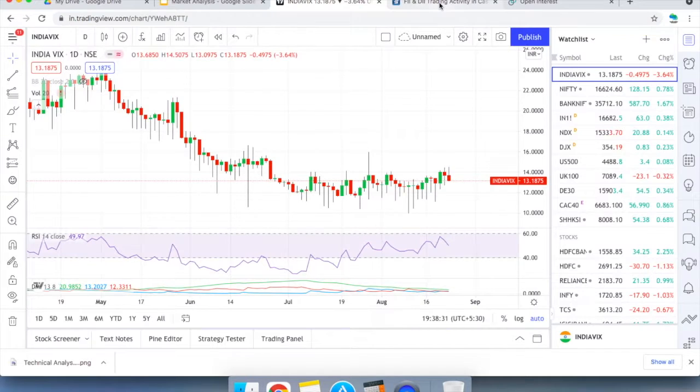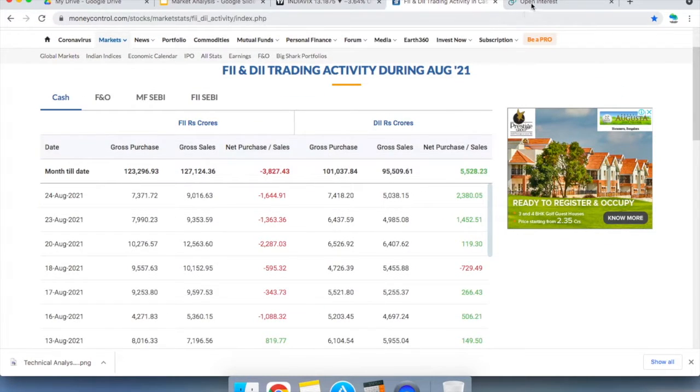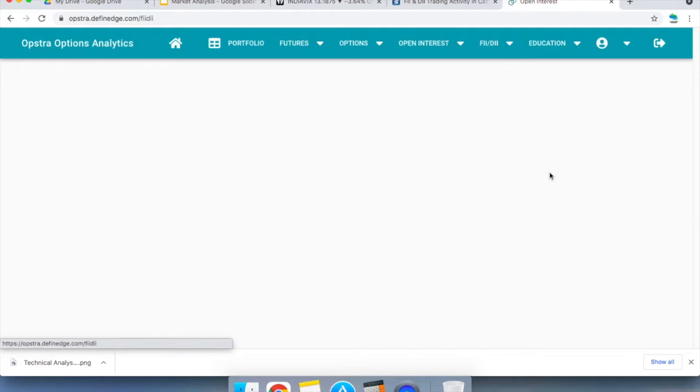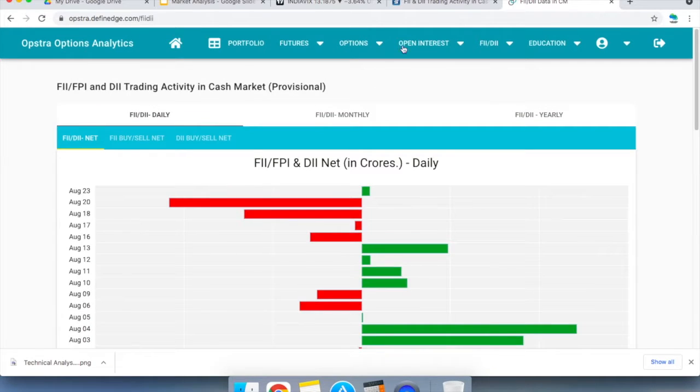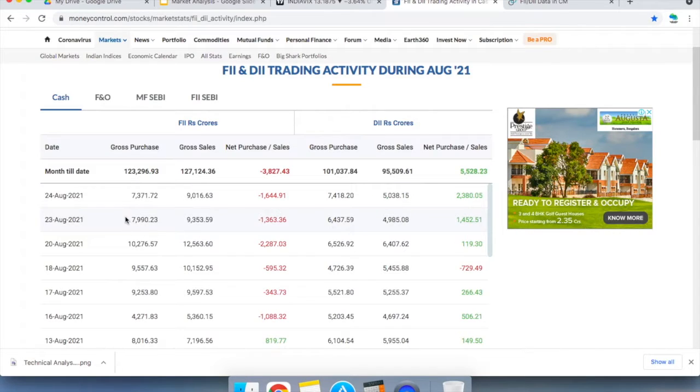Now institutional participation. The data might not have come, so I'm looking here. You can see that today, 24 August, the FII has sold 6,650 crores in the cash, and the domestic institutions bought heavily, 2,380 crores.